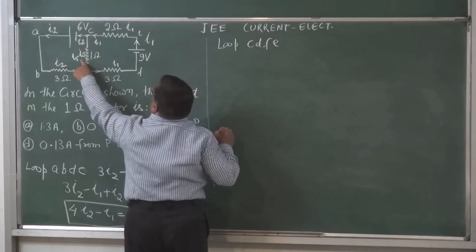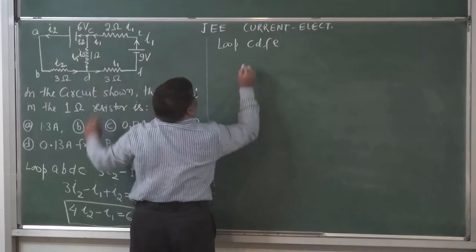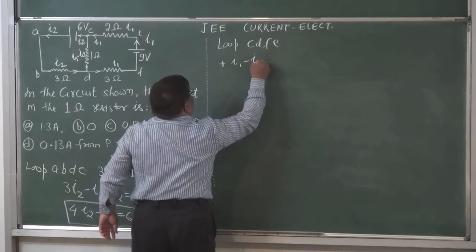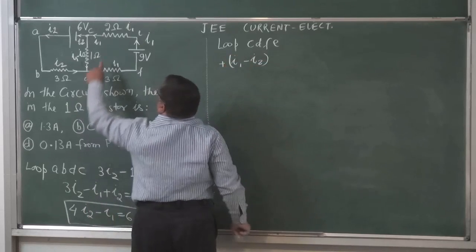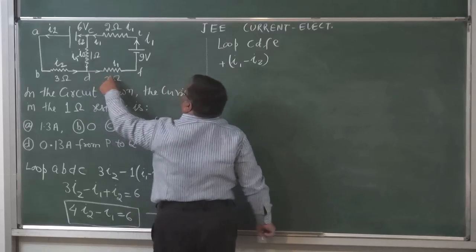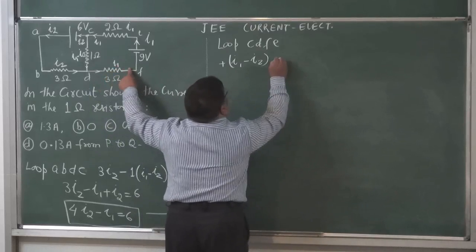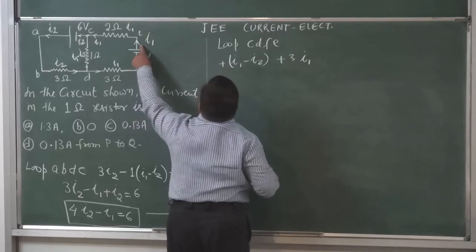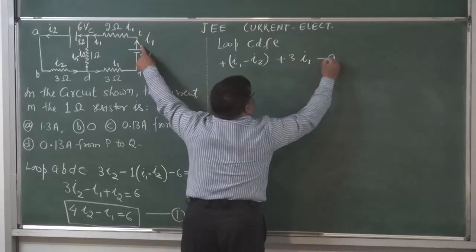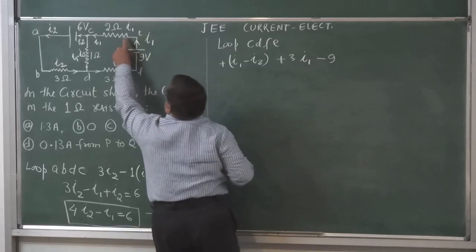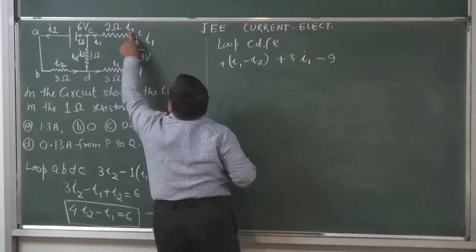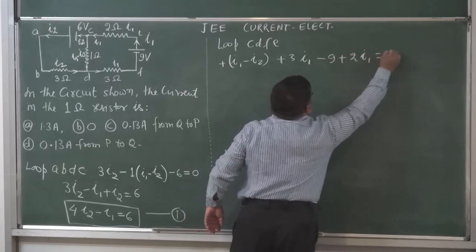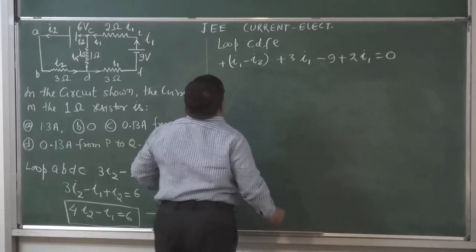Here it is I1 minus I2 in this direction, so plus I1 minus I2 multiplied by 1, then 3 multiplied by I1, 3 I1, here minus 9 volt, and here again plus 2 I1, plus 2 I1 is equal to 0.